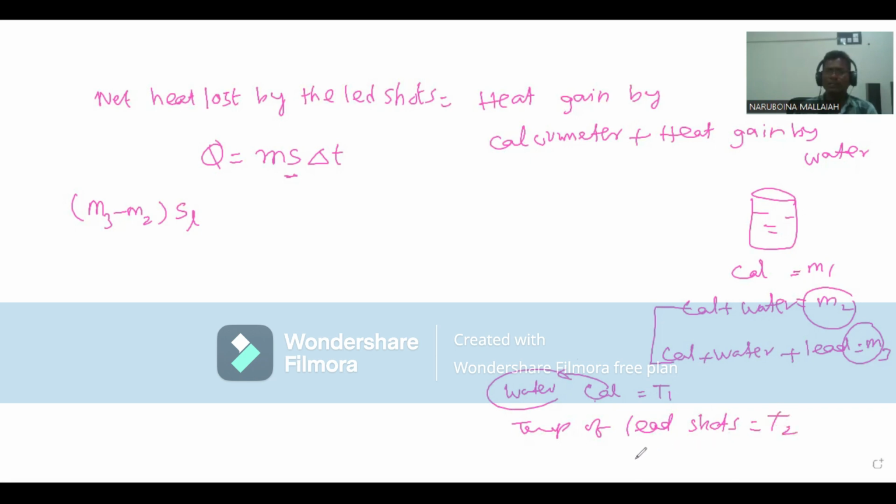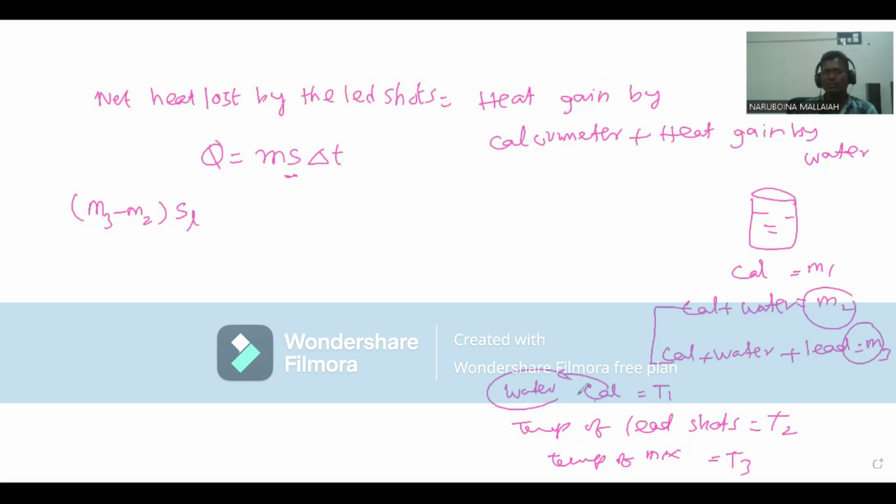When we place these lead shards in the calorimeter after heating them to 100 degrees centigrade, now the temperature of the mixture, meaning water, stirrer and lead shards, becomes T3.